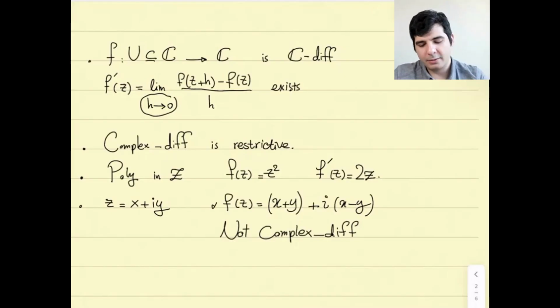So this limit does not exist for this function. If you didn't see part 1, go and check that out.